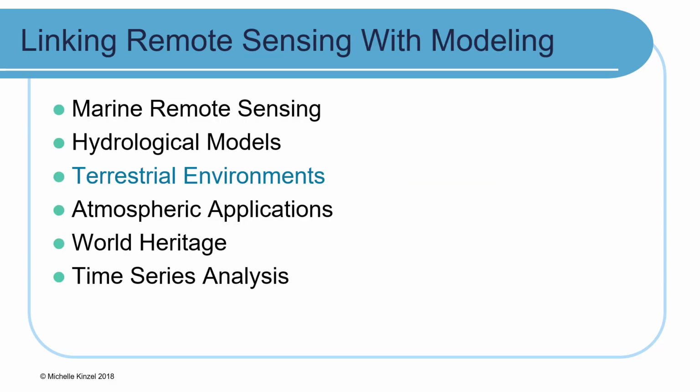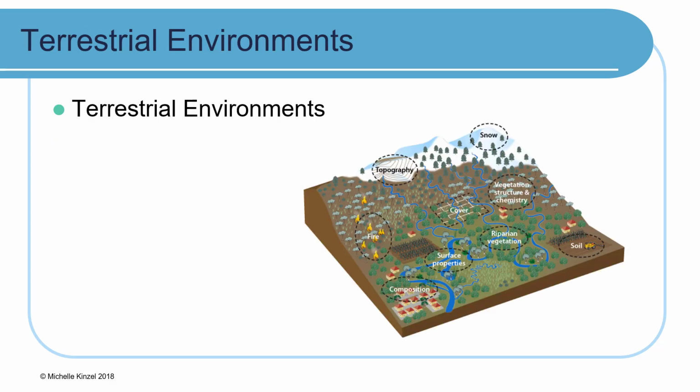Moving on to terrestrial environments. You can see here some of the common terrestrial applications. Topography is the layout of the land. Measuring snow and ice is very important with climate change, and looking at water available for an area during the year related to the amount of snowpack.